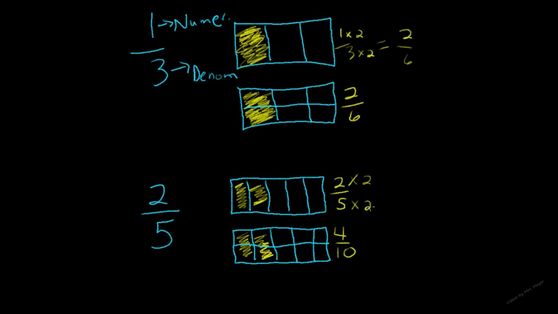And if I multiplied top and bottom of 2/5 by 2, I make an equivalent fraction 4/10. So this leads us to explain to students that we can use multiplication to make equivalent fractions. We can also use division, but the key is we have to make sure we do the exact same step to the numerator as we do to the denominator, and vice versa. Must do the same to the denominator as we do to the numerator.